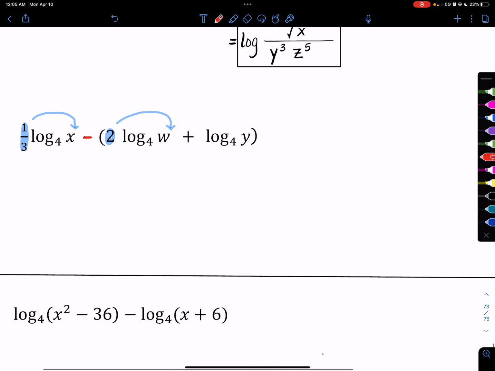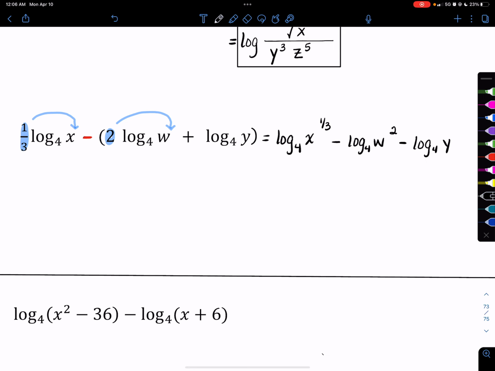moving those power rules to the backside, so that I will have log base 4 of x to the 1/3 power minus log base 4 of w to the power of 2 minus, because I'm distributing that negative, log base 4 of y.